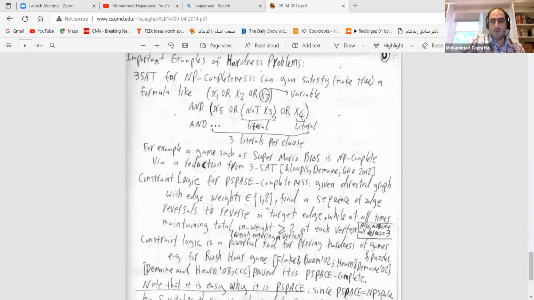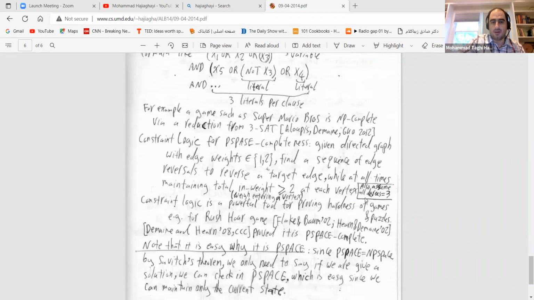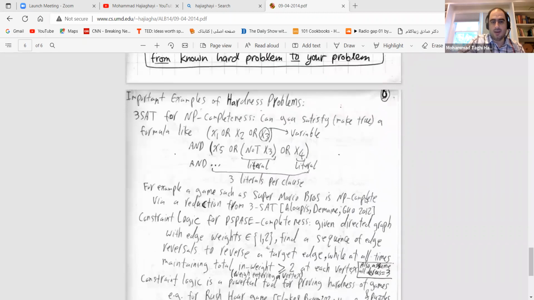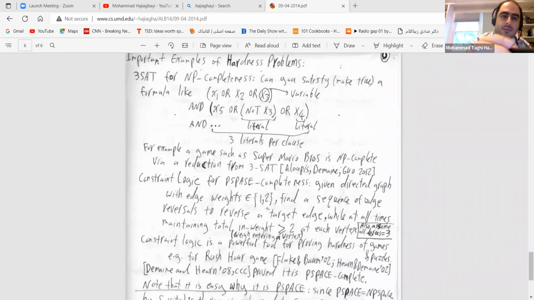Good. So there are two important problems that we want to talk about. One, for the hardest problems, is the 3-SAT problem, used for NP-completeness. The question is: can you satisfy, that is, make true, a formula like X1 or X2 or X3, and so on?